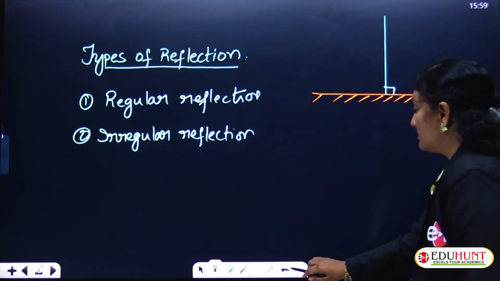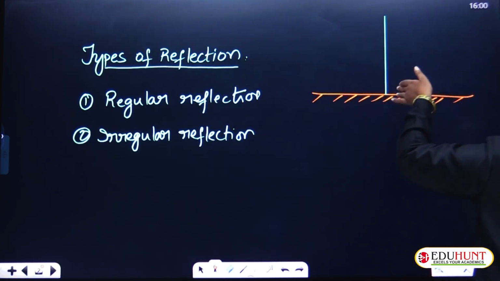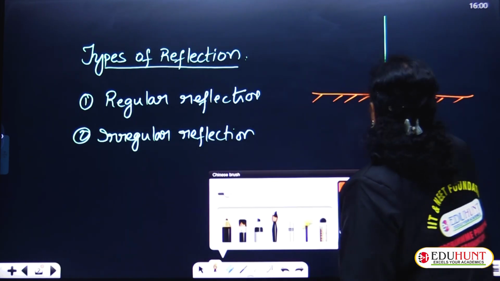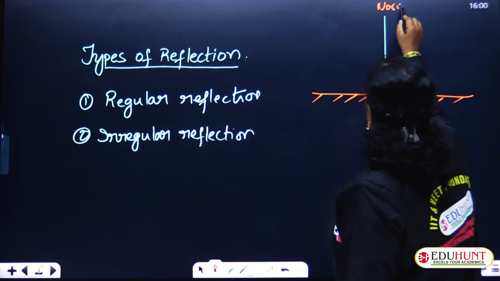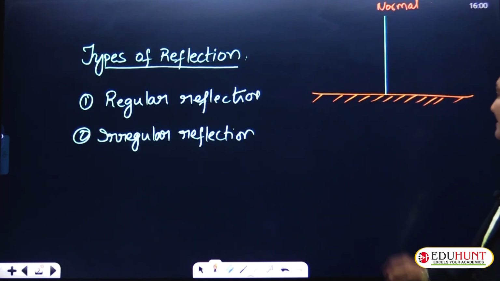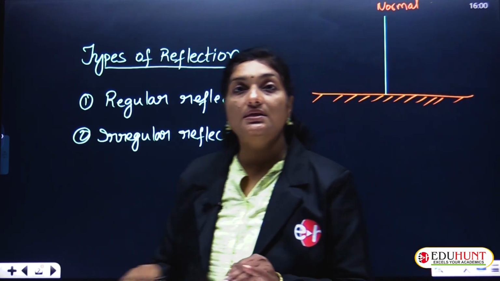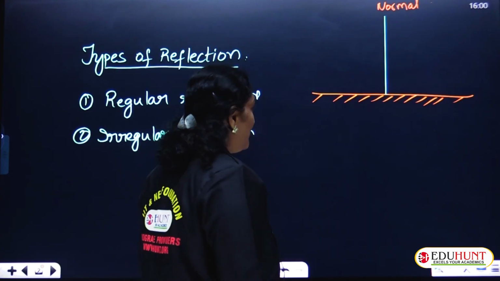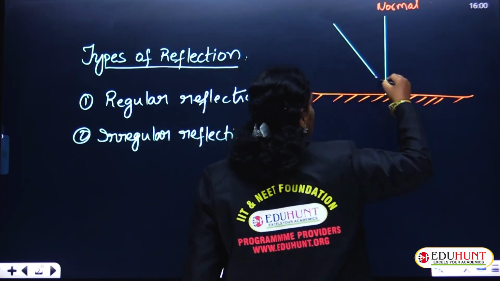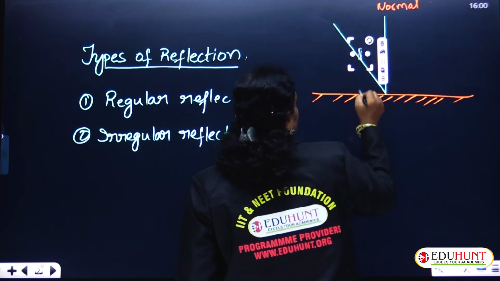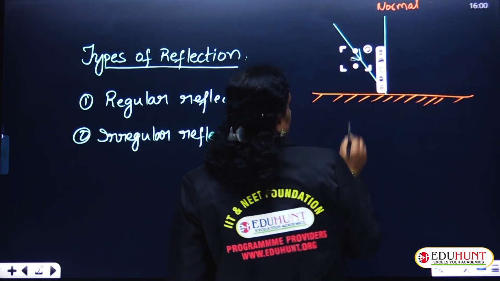A perpendicular line drawn to the surface is called the normal, generally indicated with the letter N. That means the normal makes an angle of 90 degrees with the surface. Let us suppose that a light ray is incident on this. This is a light ray that falls on this particular surface.